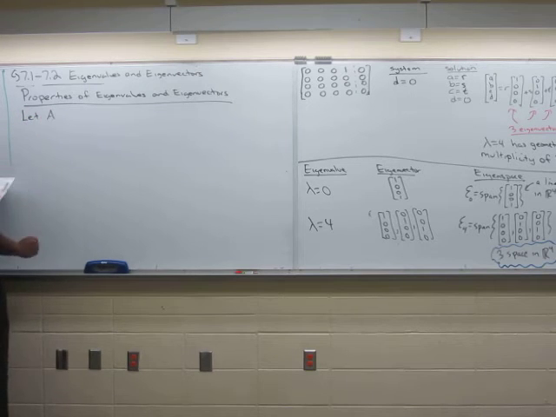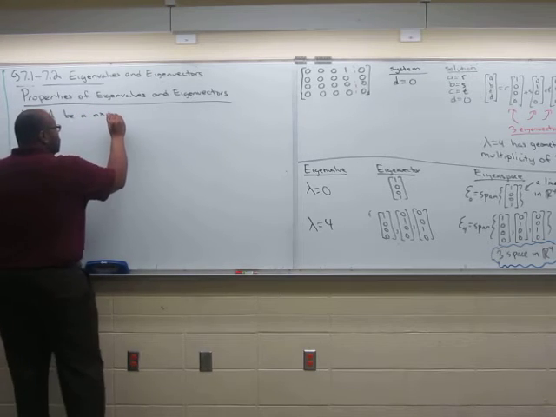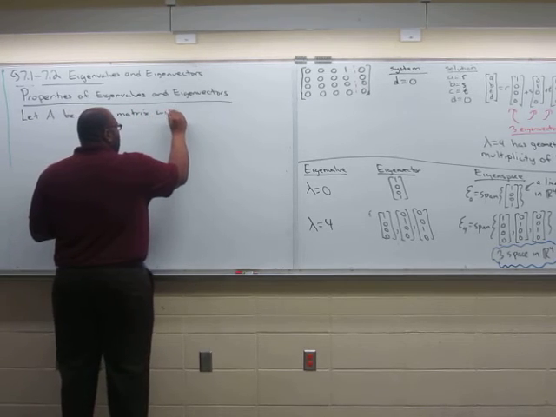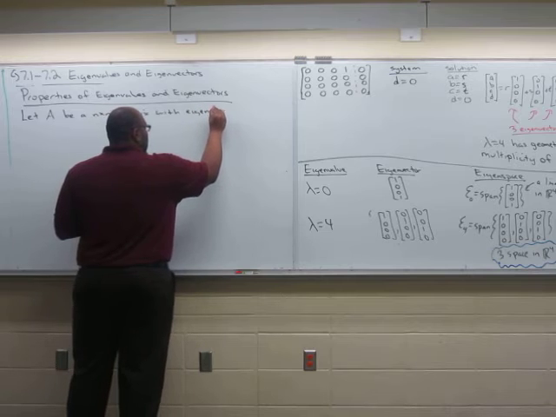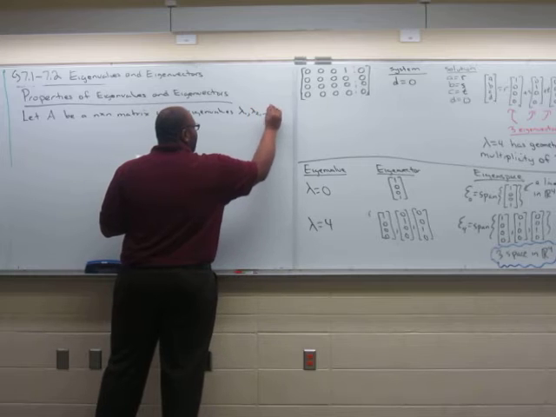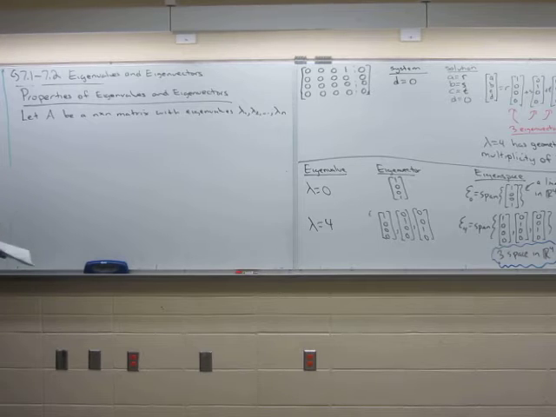Let A be an n by n matrix with eigenvalues lambda 1, lambda 2 through lambda n. So I have n eigenvalues. Now notice that these eigenvalues could be repeated eigenvalues, like we had in that last example where 4 repeated 3 times. But just suppose we wrote all of them out. We should get n eigenvalues total. They may not be distinct.